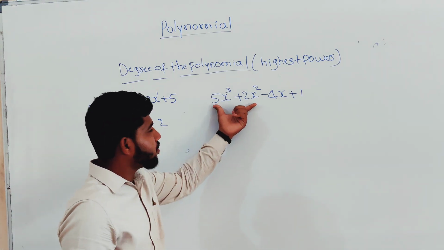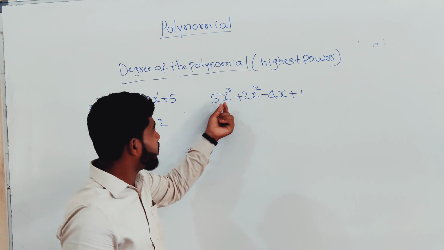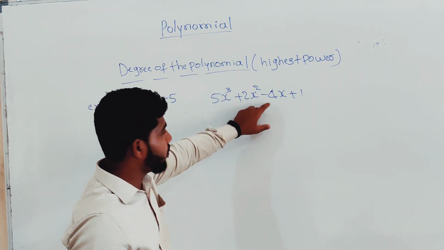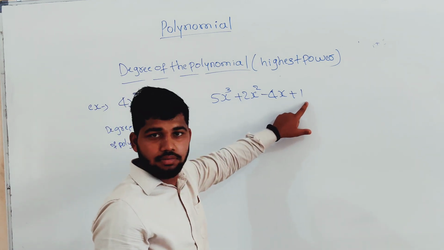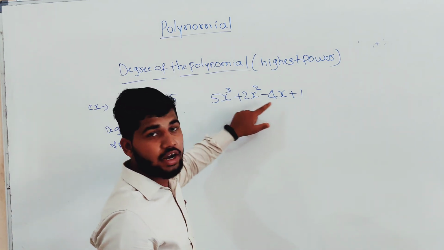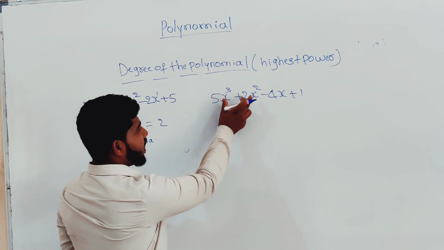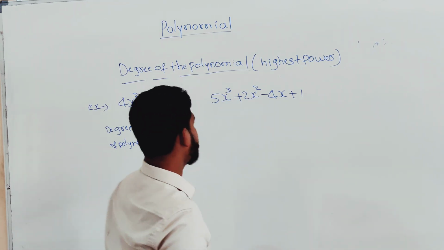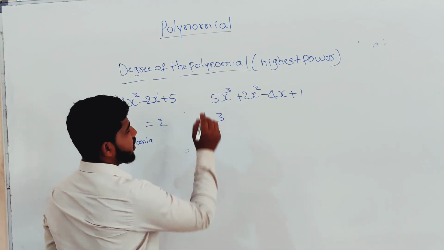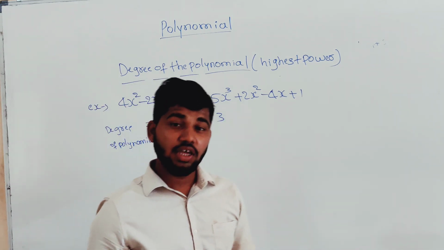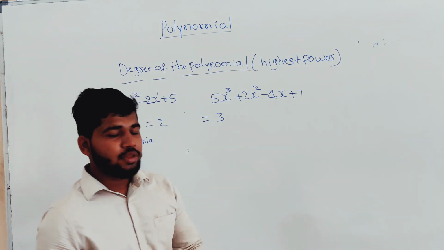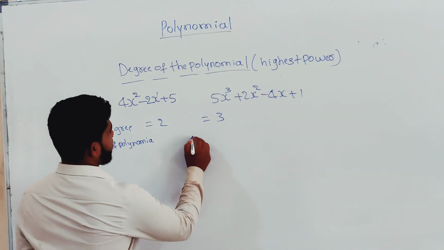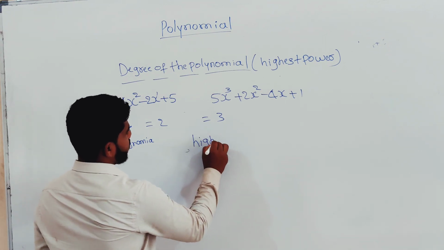By looking at the powers of the given terms, it has x cubed, x squared, x and 1. Which is the highest power? Among 3, 2 and 1, 3 is the highest. So 3 is the degree of the polynomial. The polynomial is arranged from higher to lower powers.